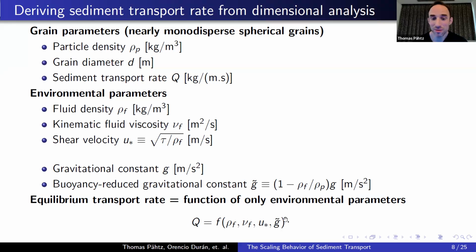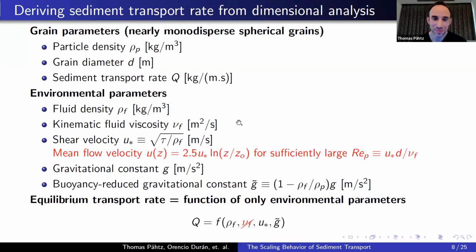The second thing people usually do is consider a logarithmic profile, a logarithmic wind or water mean velocity profile. This is valid once the particle Reynolds number is sufficiently large, at least when you are not too close to the bed in the viscous sublayer.